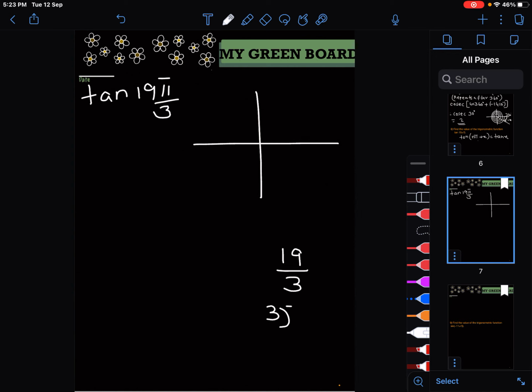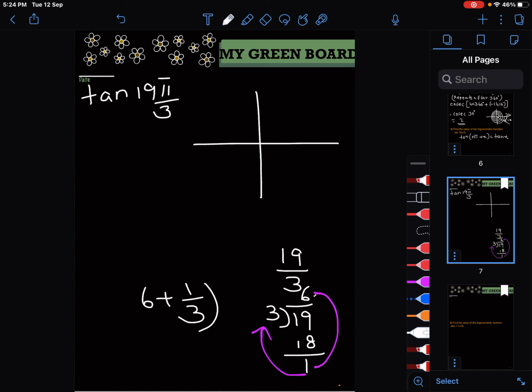Okay. When you are dividing 19 by 3, what you will be getting is 3 6s are 18. The nearest number is 3 6s are 18. So what you can do is this quotient, 6 and 1 by 3, you can write as a mixed fraction. So whenever you are writing a mixed fraction, you will be getting like 6 plus 1 by 3, isn't it? You can just see 6 3s are 18 plus 1, 19 by 3. This is the mixed fraction you will be writing whenever you are dividing. You have studied this in your lower classes.